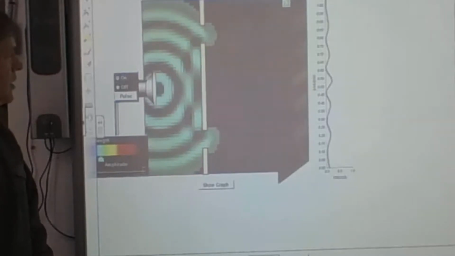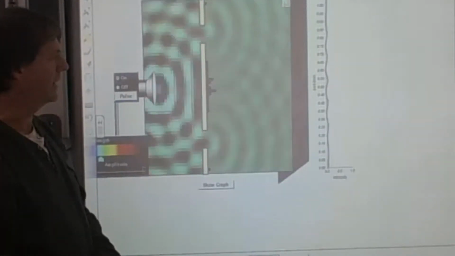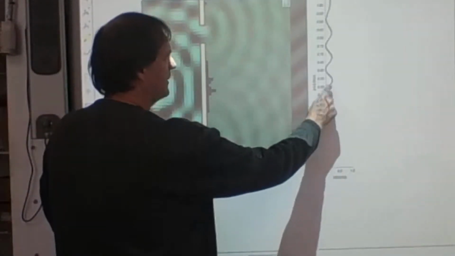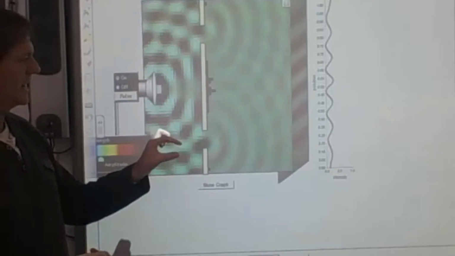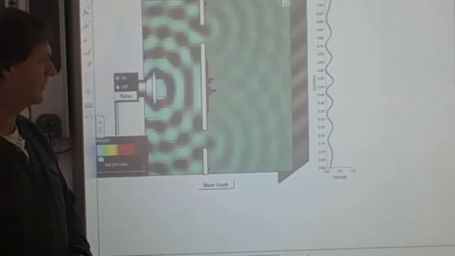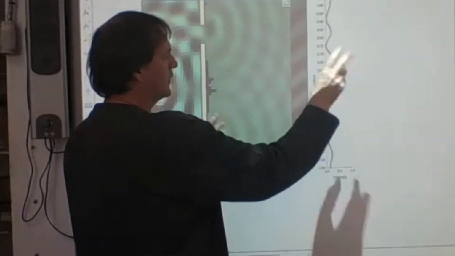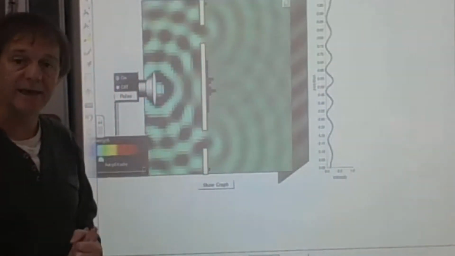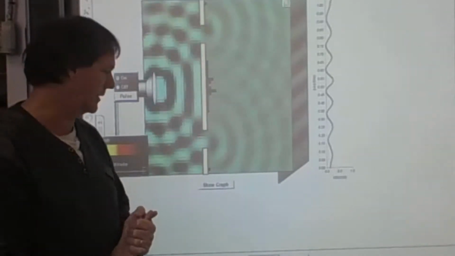With blue light, which is a shorter wavelength or higher frequency, the pattern is 1, 2, 3, 4, 5, 6 and a bit more. So you're looking at slightly narrower bands, closer together. If you had lots of colours coming through, you'd get a mixture of lots of these interference patterns on top of each other. It'd be very hard to pick out if you were using white light. That's why we prefer to use monochromatic light.